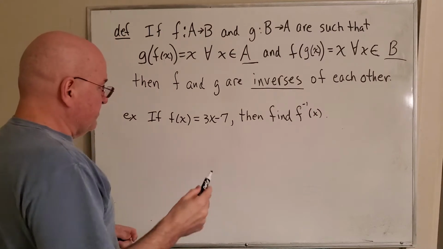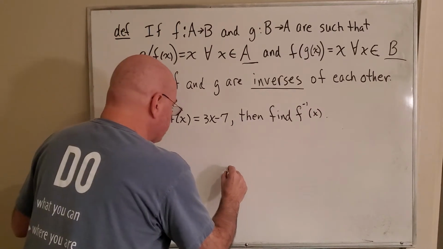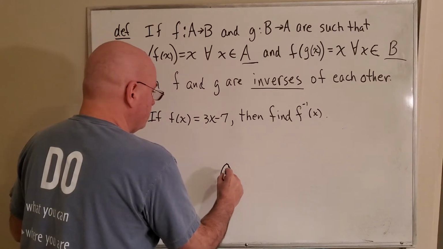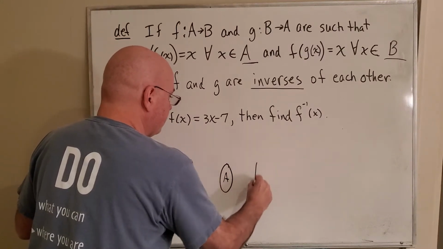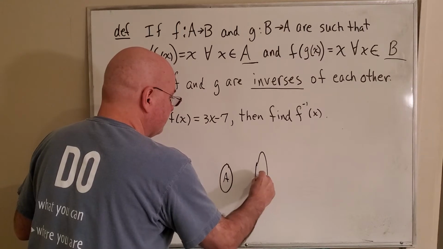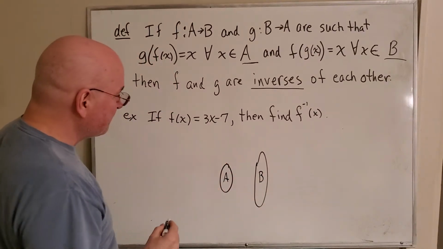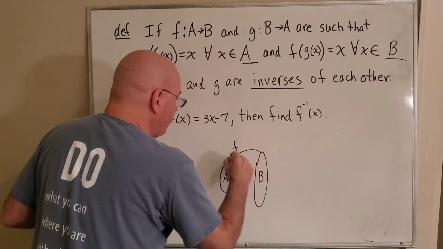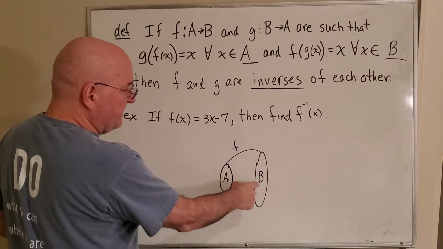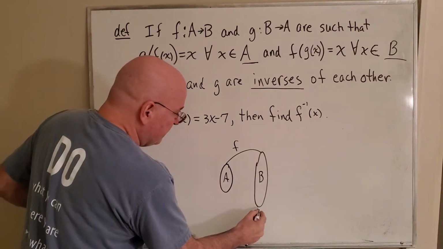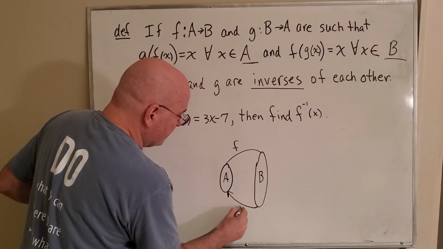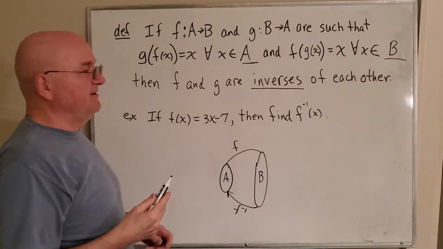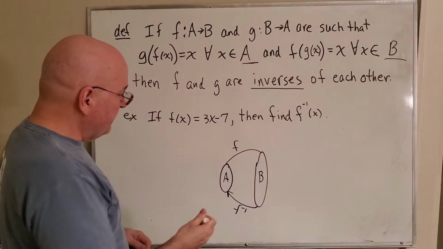So let me draw a real simple picture. If we have the set A and the set B, I purposely made them different sizes. If f takes numbers from A into B, then the inverse function goes the other direction. This would be my g if f and g were inverse functions.